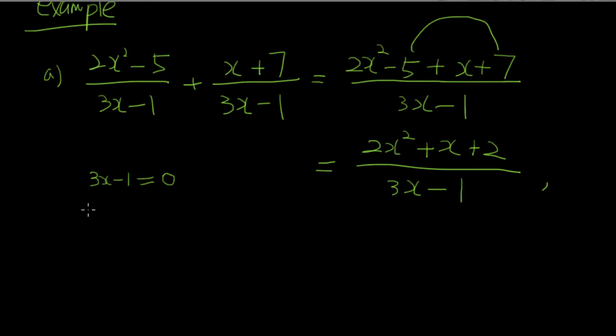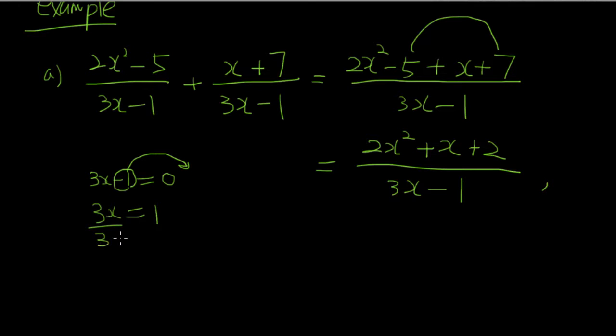Well, you just need to solve this. So 3x equals 1. You can think of this as adding 1 on both sides, or you can simply think of this as moving this across the equal sign. Whenever you move a term across the equal sign, its sign changes. So this minus 1 becomes plus 1.